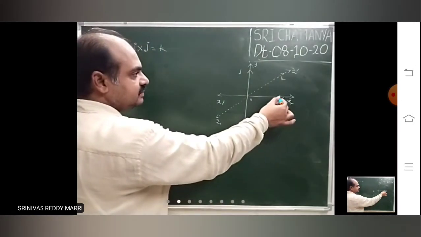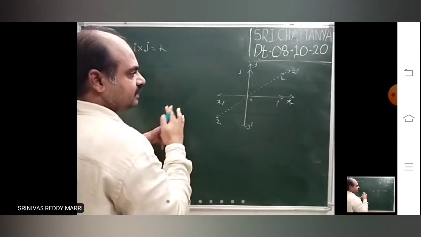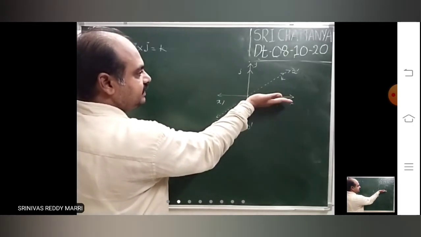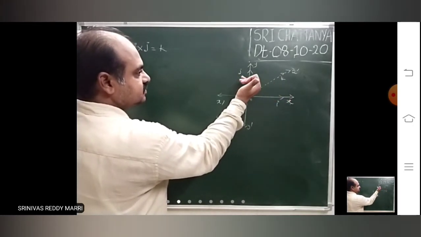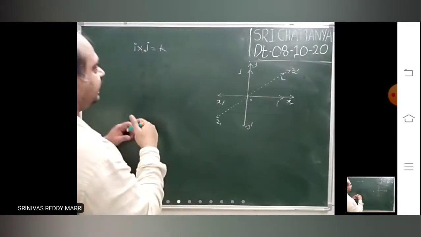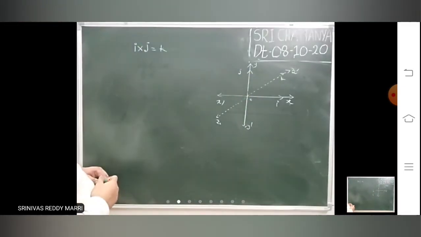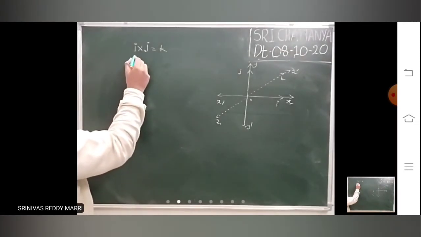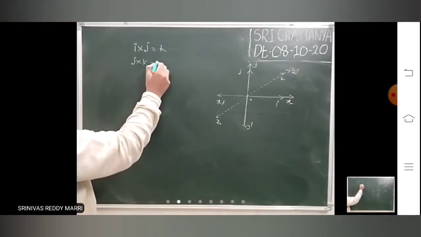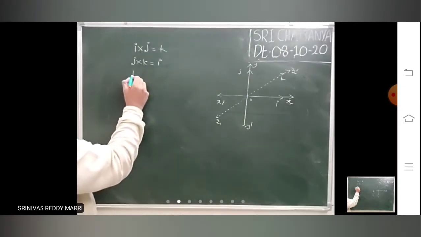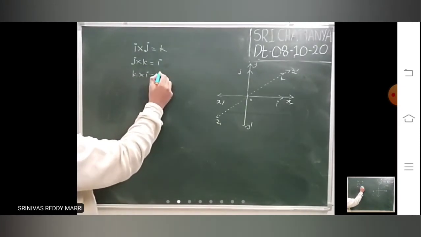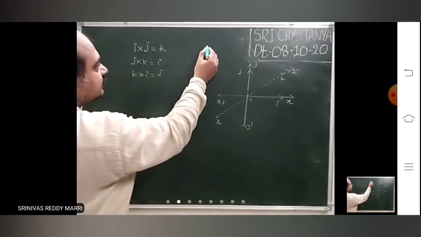Look at i cross j. When you look from i to j, my thumb is towards k. So i cross j is k. Similarly, from j to k you will get i: j cross k is nothing but i. K cross i is nothing but j.